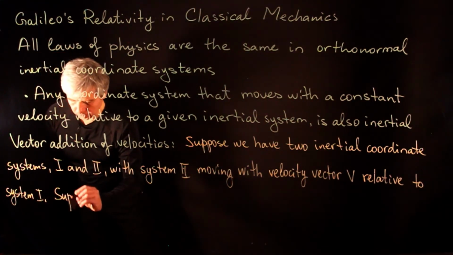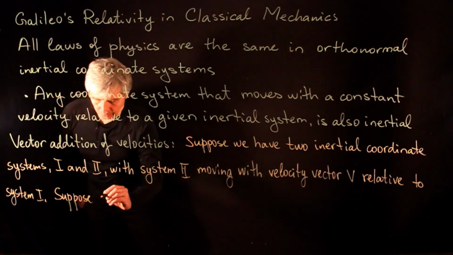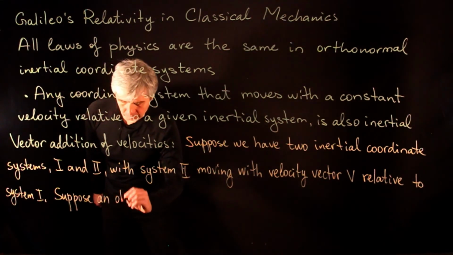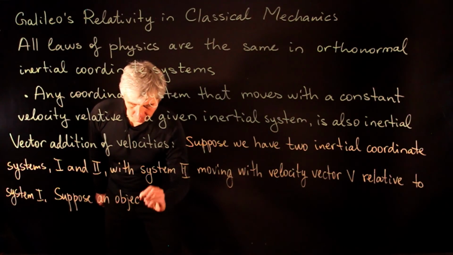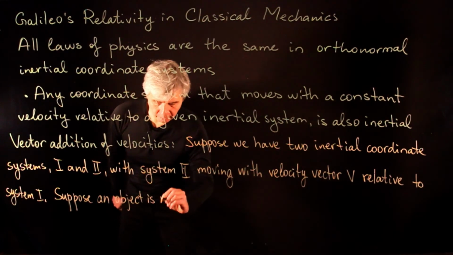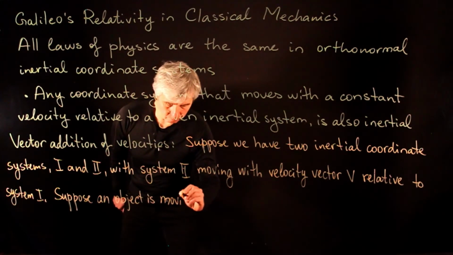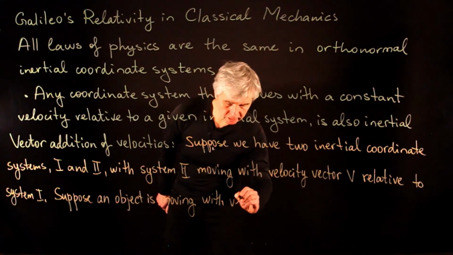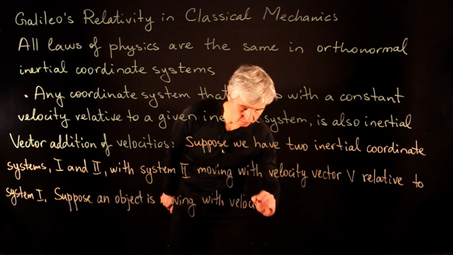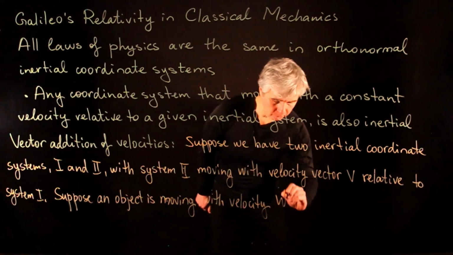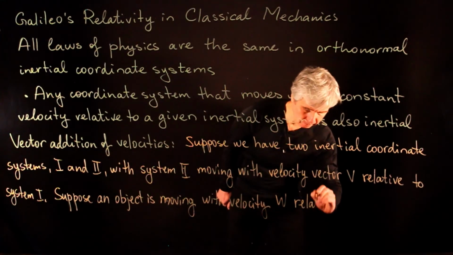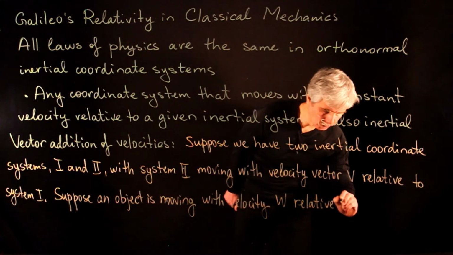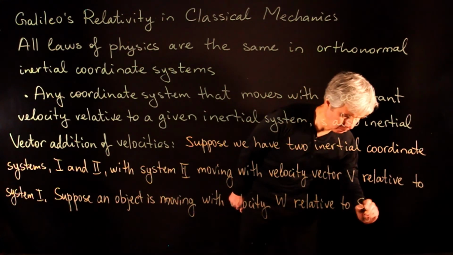Suppose an object is moving with velocity vector w relative to system 2.